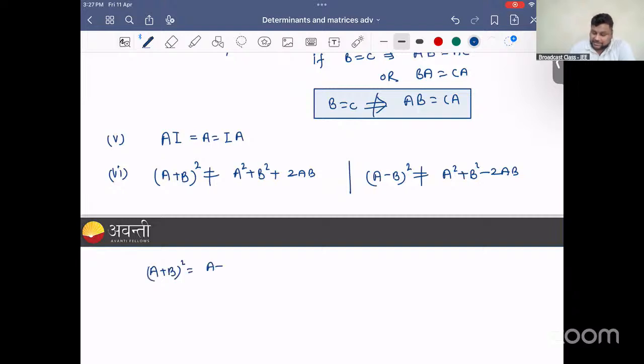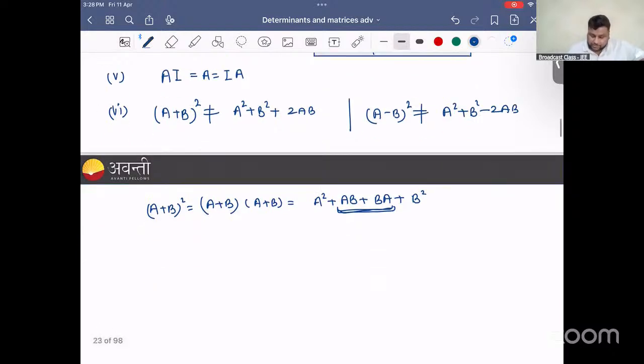That is A plus B into A plus B. So it will come out to be A square plus AB plus BA plus B square. So I will call it A square plus B square plus 2AB only if AB and BA are same. Means only if matrices A and B commute, then we can write it 2AB. Otherwise, in general, it is A square plus B square plus AB plus BA.